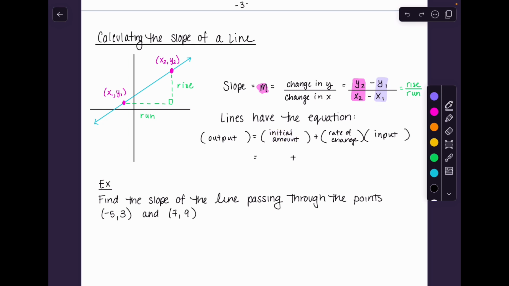So we have variables for each of these. We know our output value is y. Our rate of change is what we're calling the slope, that's m. And our input value is typically x. Okay? So this value here, this rate of change, is exactly the slope. This initial value is the amount we're starting with. This is going to be denoted by b.